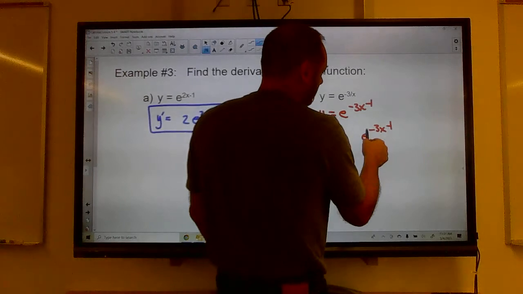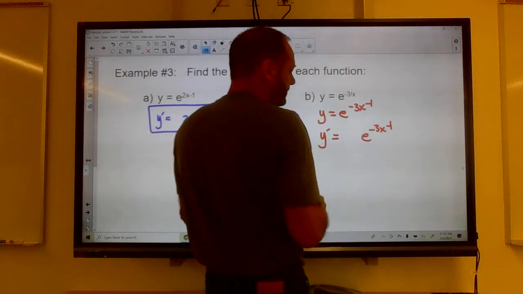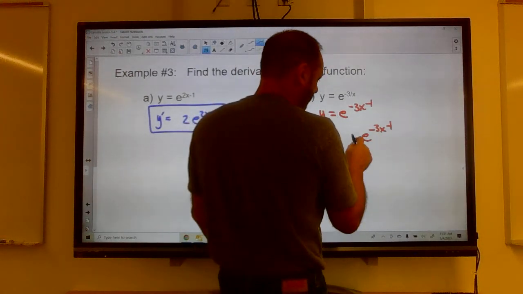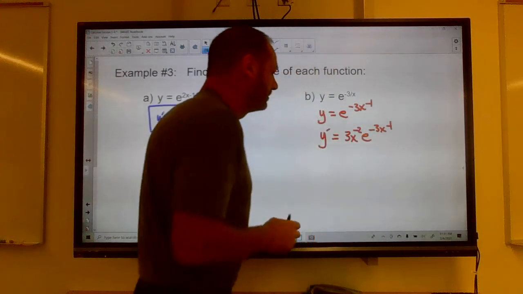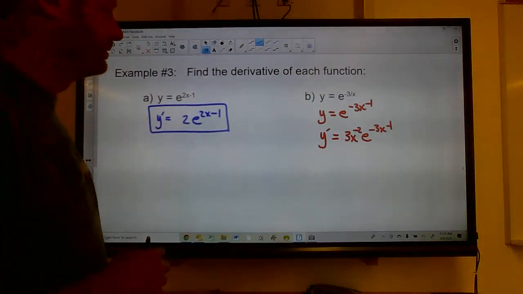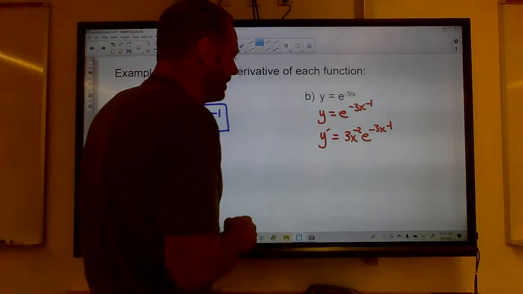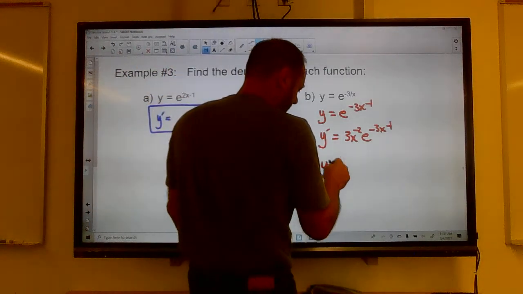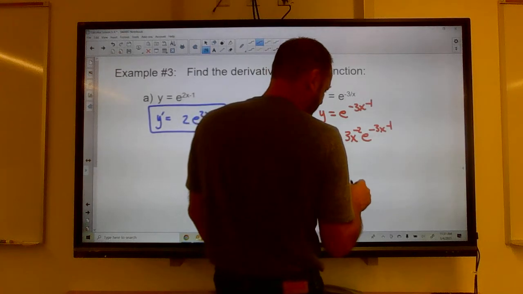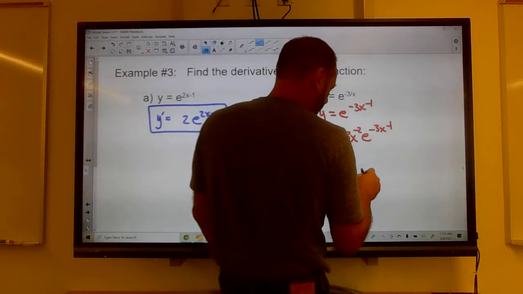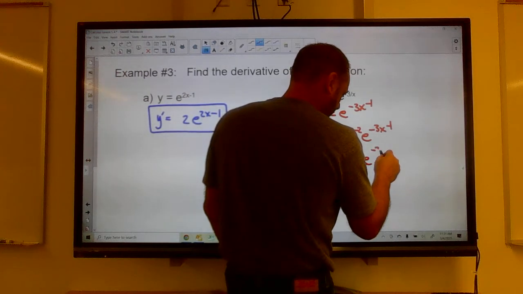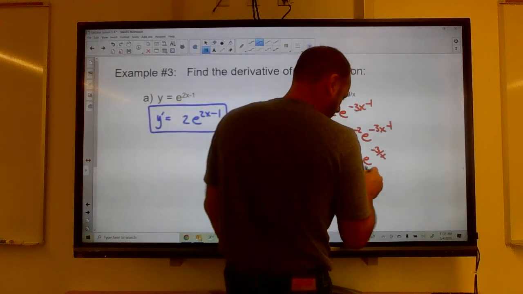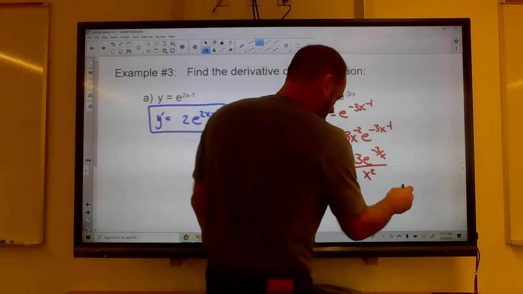Okay, so the derivative of this, that's going to be 3x to the negative 2. So if I was going to rewrite this and kind of clean this up a bit, this would be 3e to the negative 3 over x power over x squared.